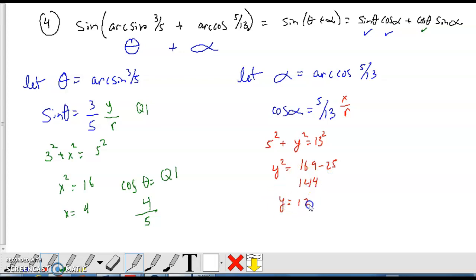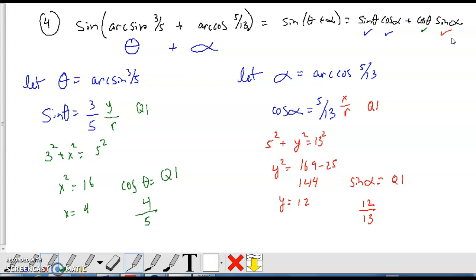Y is equal to 12. Again, we're in quadrant number 1. If that's in quadrant number 1, this will also be quadrant number 1. Which means that this will be a radical, not radical, erase that radical symbol. So this will really be just 12 over 13. So now I got that guy taken care of.